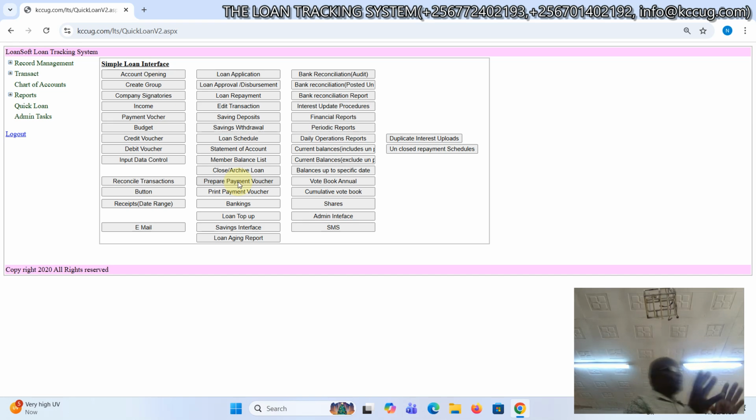you see, our interest is automatic. But not all this interest is going to be shared by the members. The money that we are supposed to share is: you get the total interest, which is your income, and subtract off the expense.